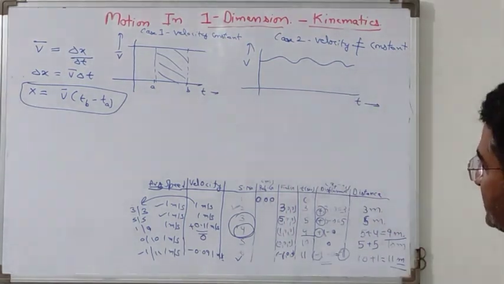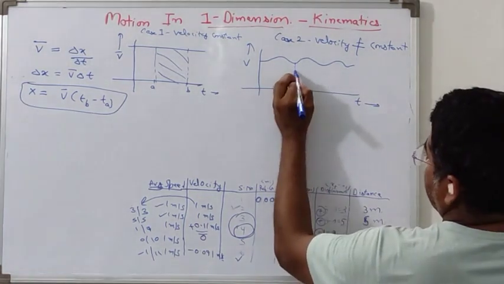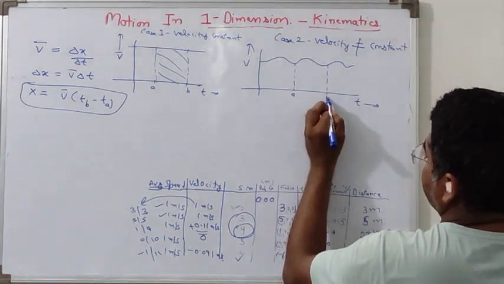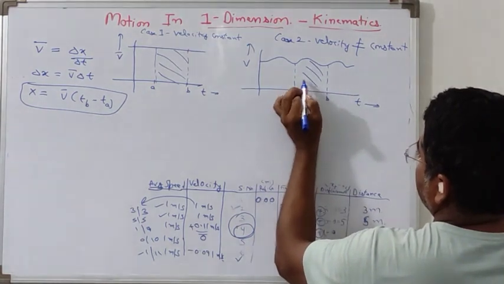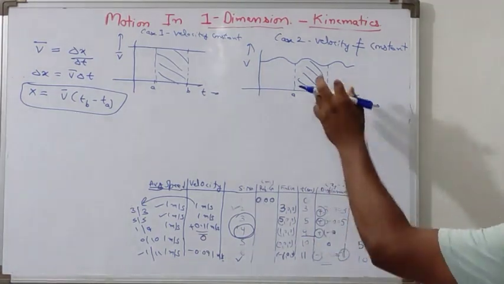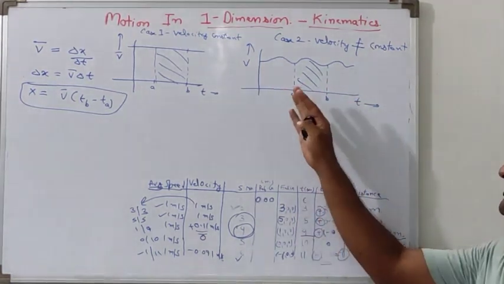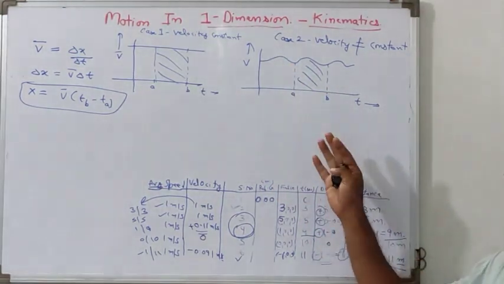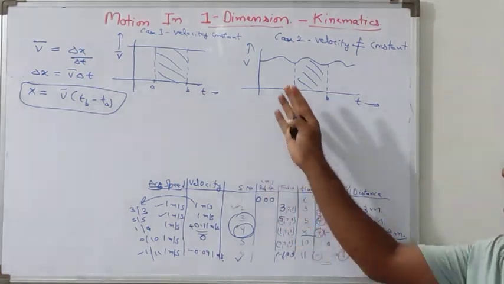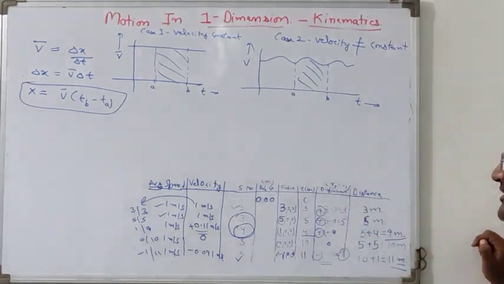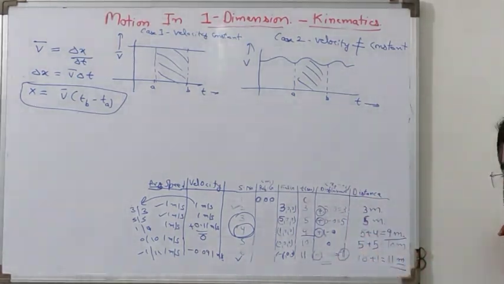This is that arbitrary function, and if you want to find the area under the curve between points A and B, this area we need to find. Looking at this curve, you have a feeling that we cannot just simply multiply v and (tb minus ta), just like we did in case of the constant velocity where it was a rectangle. Here the velocity is not constant, so we need to devise some other method to find the exact area under the curve.